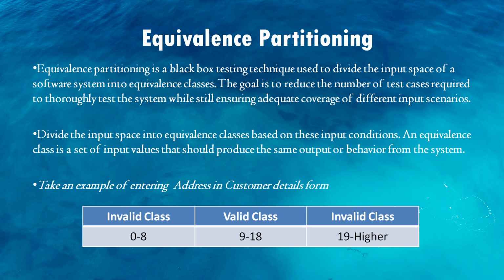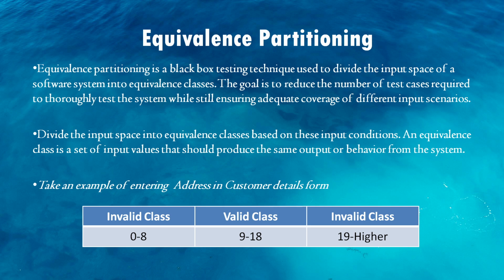For example, there is a text box where I need to enter 10 characters. It supports only 10 characters. That means it can support one character, two, 3, 4, 5, 6, 7, 8, 9, 10. So you can try different possible permutations and combinations, and derive 15 or 20 test cases from that. You can first enter only one character and try to save, then enter two characters, try to save, three characters, try to save.